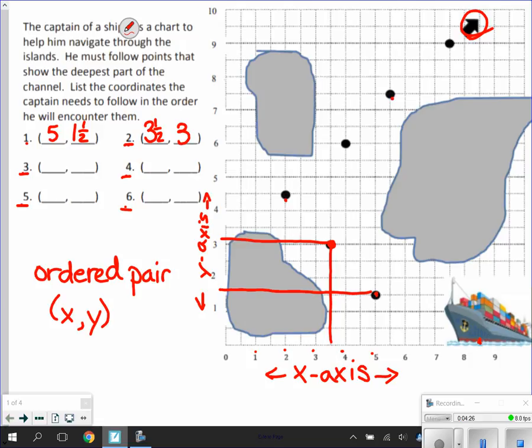You should be checking your numbers. This one right here is at 2, and the y is between the 4 and the 5, 4 and 1/2.